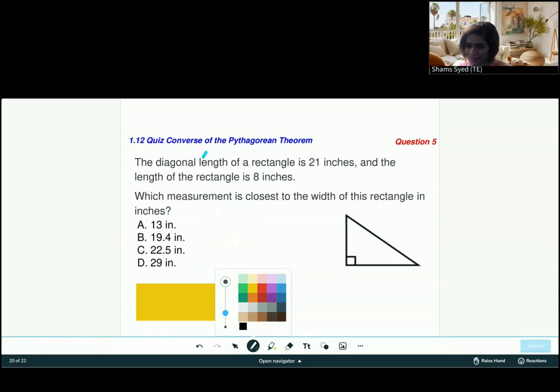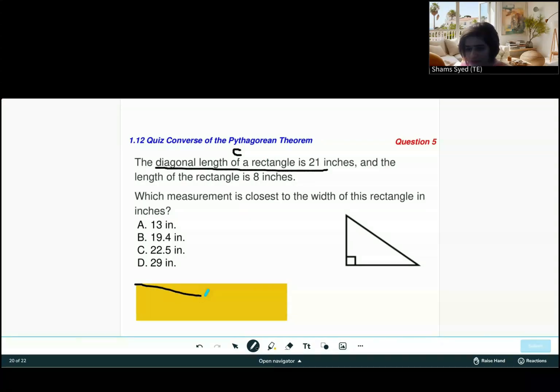The diagonal is side C. The diagonal of a rectangle looks like side C, and it is 21. The length of the rectangle is 8 inches. This length means the longer side.